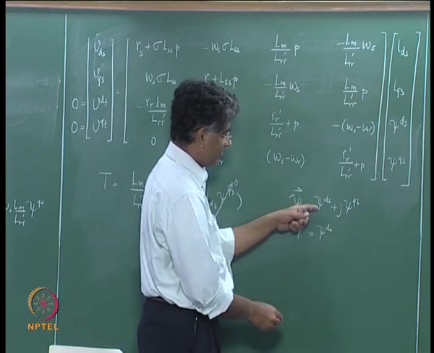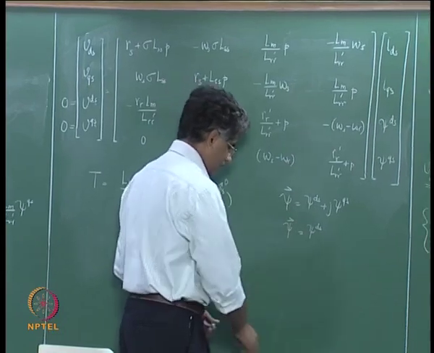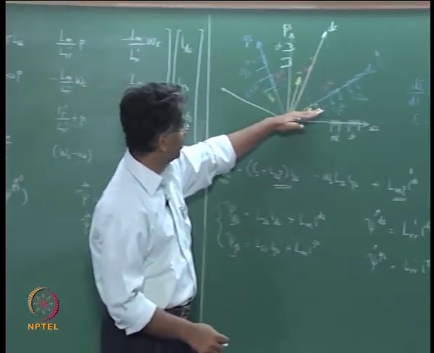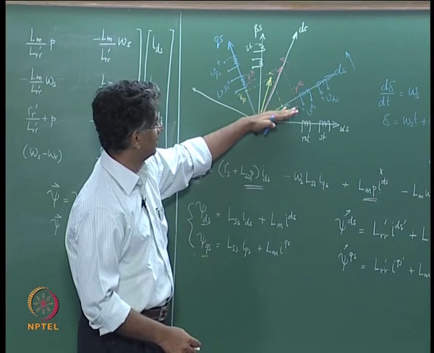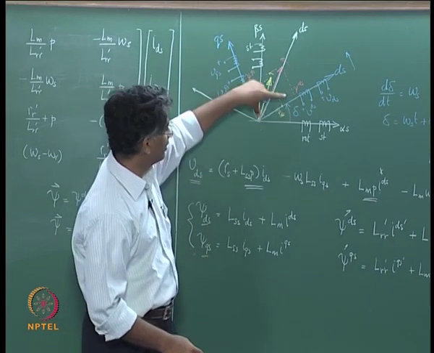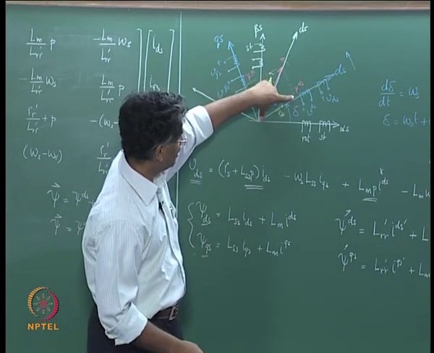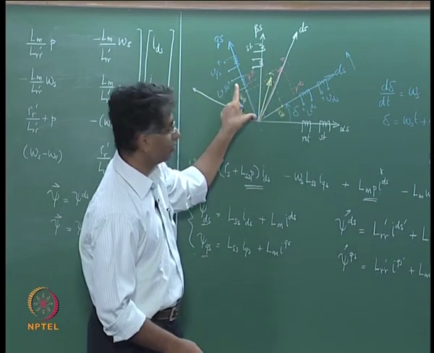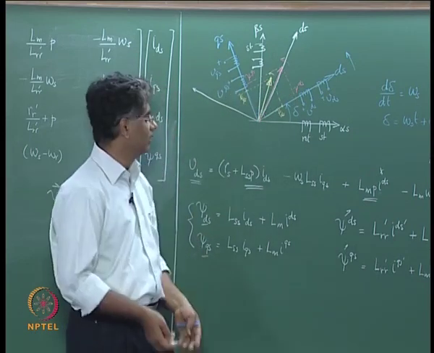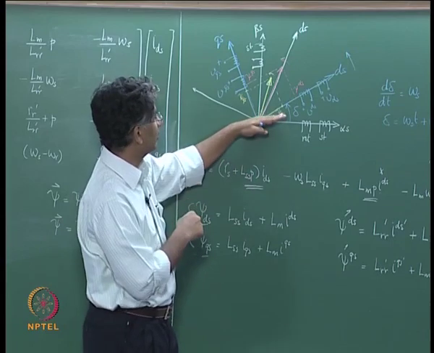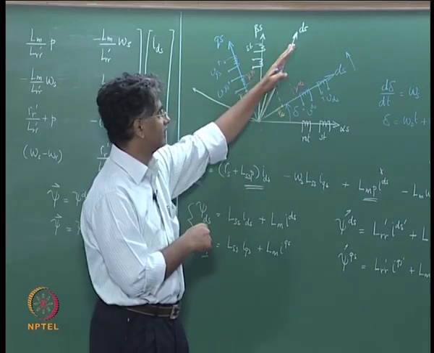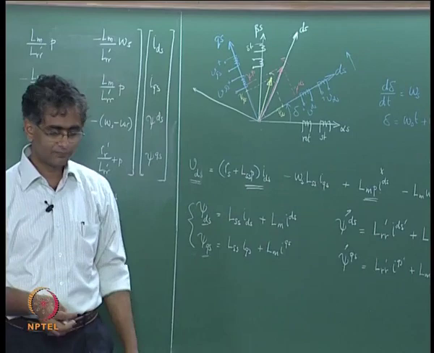Of course this psi ds in general would be different. What we can see is, depending on where the d axis is located, the magnitude of the d component, magnitude of the q component is going to vary, which is what happens now if the reference frame is along this itself, q component becomes 0.